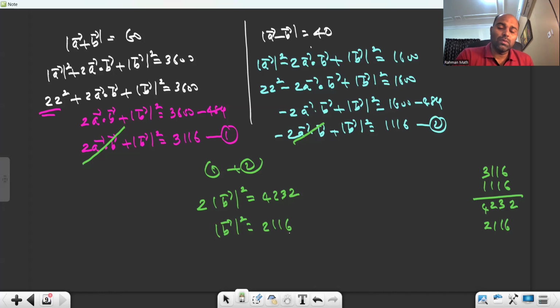Make sure. For the magnitude of B, take the root of that one. Root of this, I think 46. Sorry, 44.